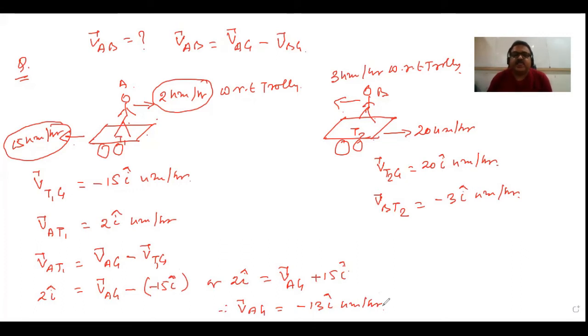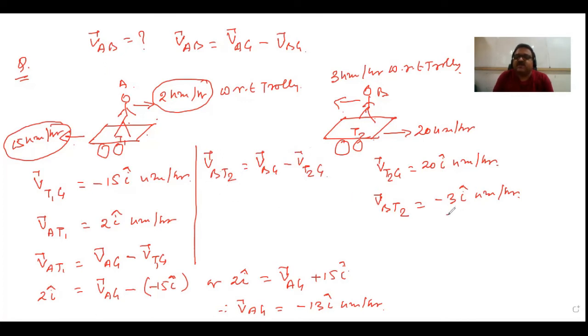Is it clear? Now let me come to this part. Velocity of the person B with respect to trolley T2 is velocity of B with respect to ground minus velocity of the trolley T2 with respect to ground. Correct? So what is the velocity of B with respect to trolley T2?